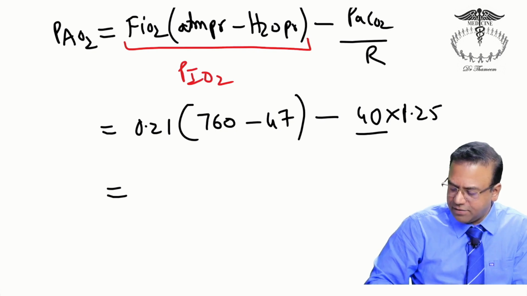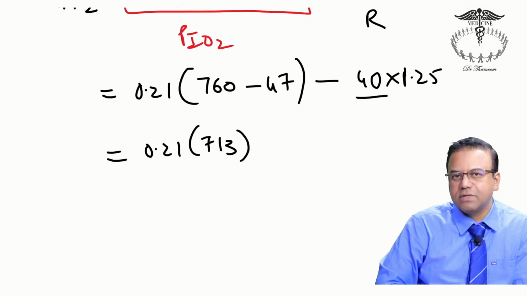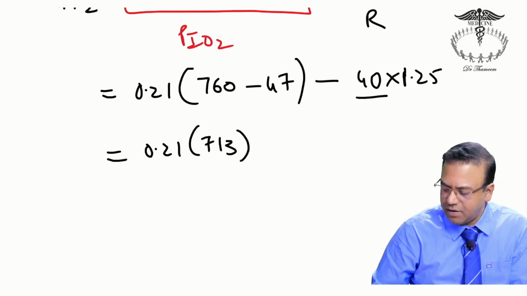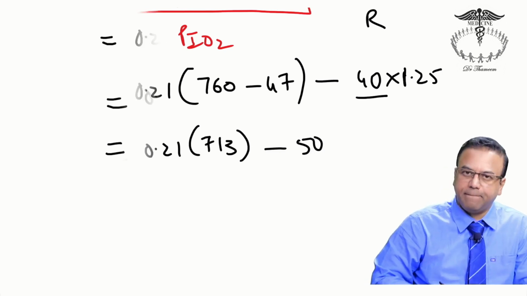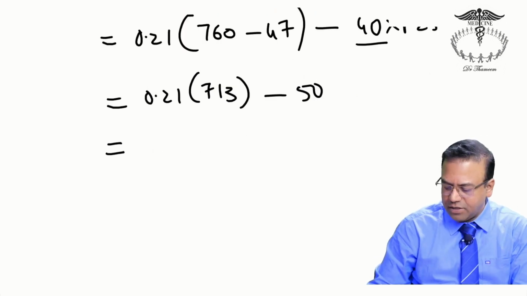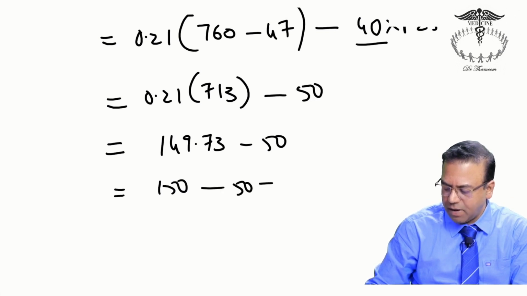If you calculate this, then we are talking about 0.21 into 713, that is 760 minus 47, and this becomes 50, because 40 into 1.25 is roughly 50. So if you do this calculation, this is basically 149.73 minus 50, and we roughly round this up to 150. So 150 minus 50, approximately what you're going to get, the partial pressure of alveolar oxygen is around 100.